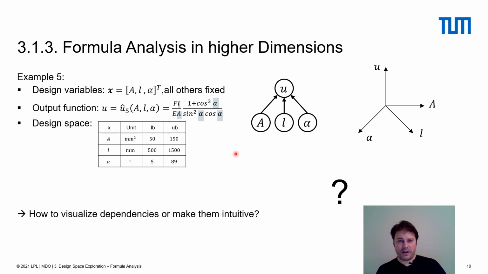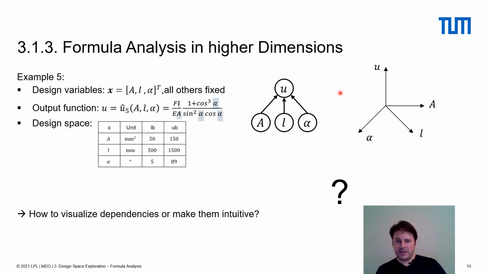Of course, you could start by repeating the previous analysis of plotting, for example, U with respect to A and L for, let's say, three different values of alpha, something you can do.